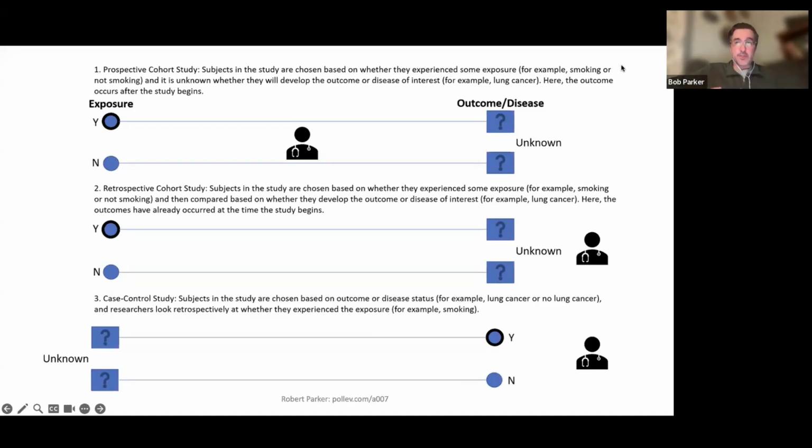So typically, an easier way to do that because of the limitations of time and resources would be to identify patients based on their outcome of pancreatic cancer and then find patients who don't have pancreatic cancer and match them in a case control study, and then look back to see what kind of exposure they may or may not have had that could be associated with the development of pancreatic cancer. Okay, so case control focuses on the disease, cohort focuses on the exposure.